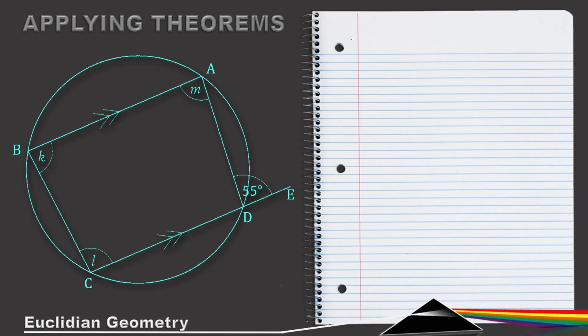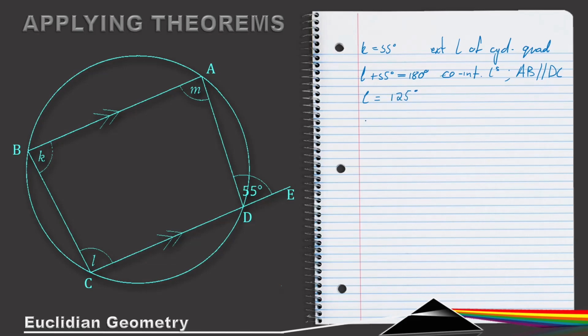All right, so first of all we can say that K is equal to 55 degrees, and our reason is exterior angle of a cyclic quad. Then moving on, we can say that L plus the 55 degrees is 180 degrees because they are co-interior angles, and our lines are AB parallel to DC, and solve for L. So L is 180 minus 55, so 180 minus 50 gives us 130, minus another 5 is 125 degrees.